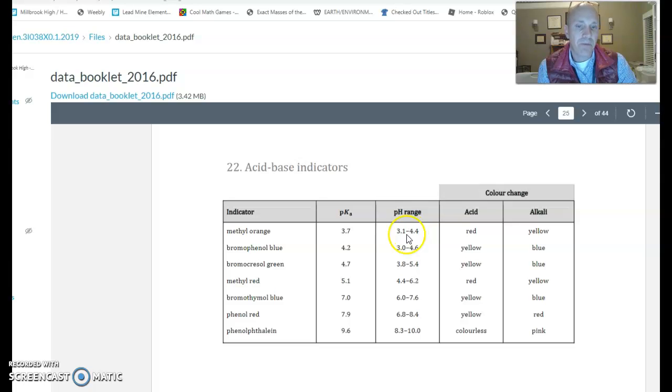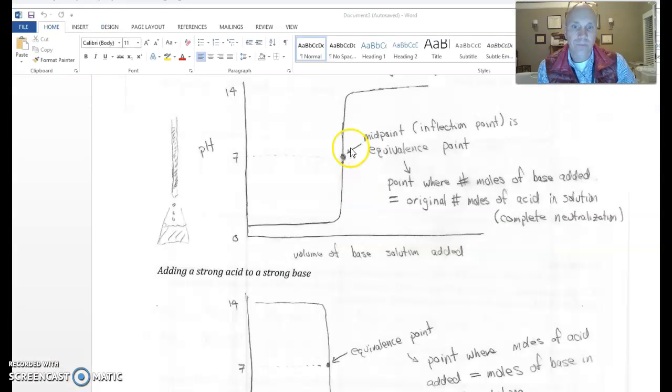But remember one thing about these pH titrations is that there's generally not a gradual transition when you're close to the equivalence point. Even though it might seem like it's a wide range of pHs that it changes color over, take a look right here. In that little bit of the graph, we've only added a very small volume of the base, but the pH changes drastically.